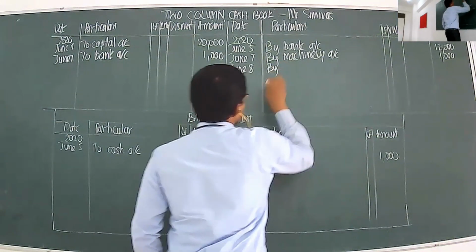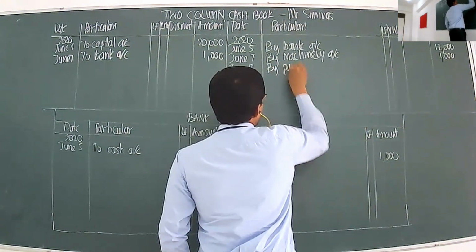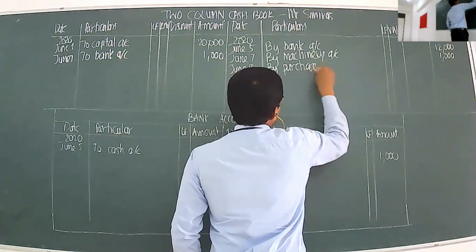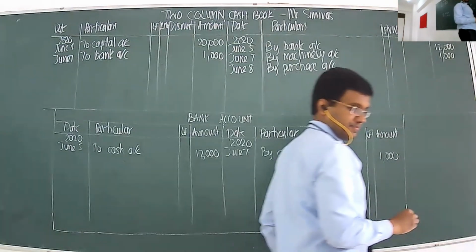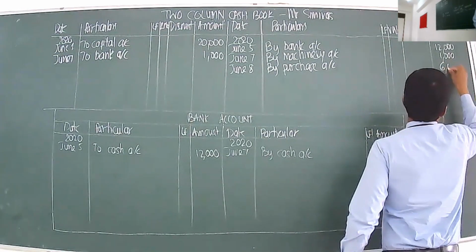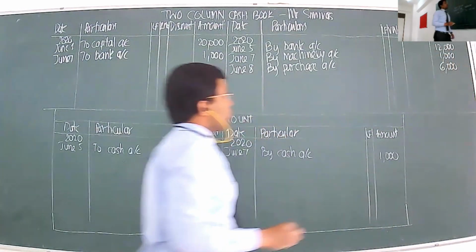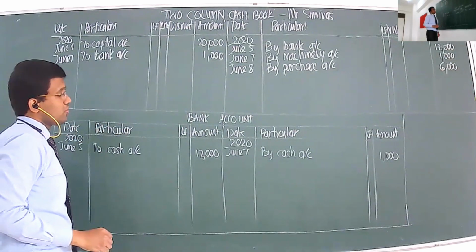So by purchase account, the amount is rupees 6,000. And how exactly are you making the payment? You're making the payment using check.